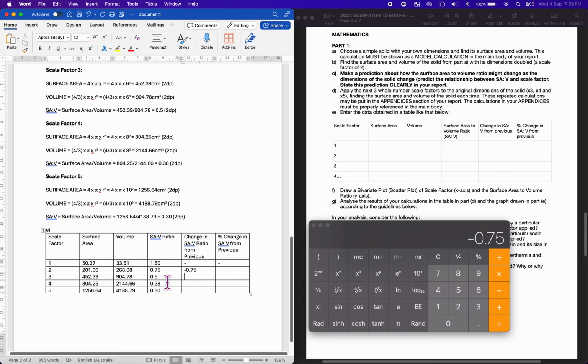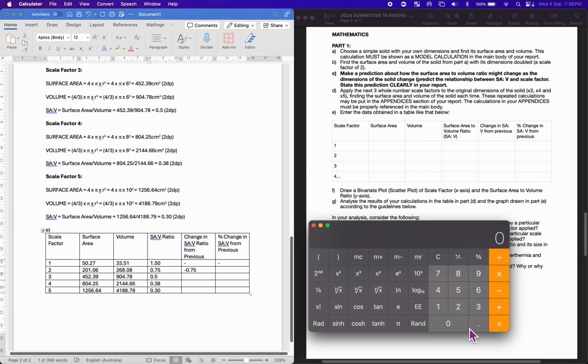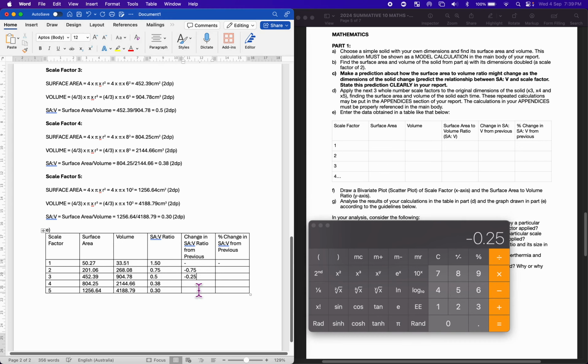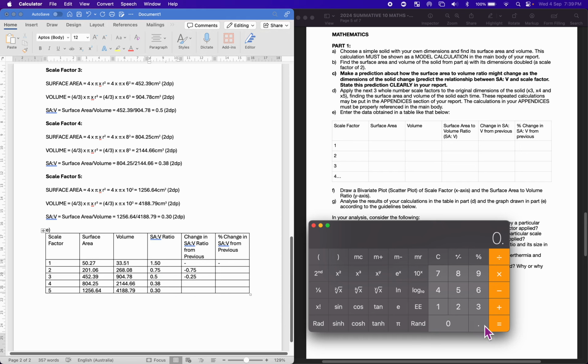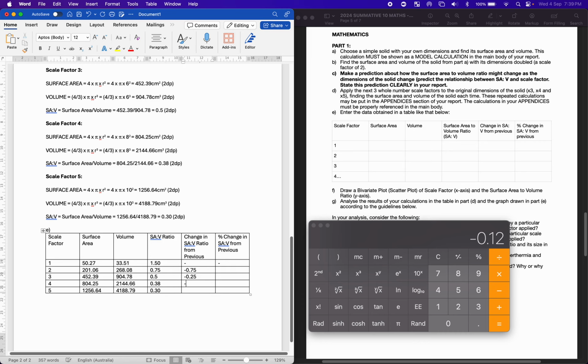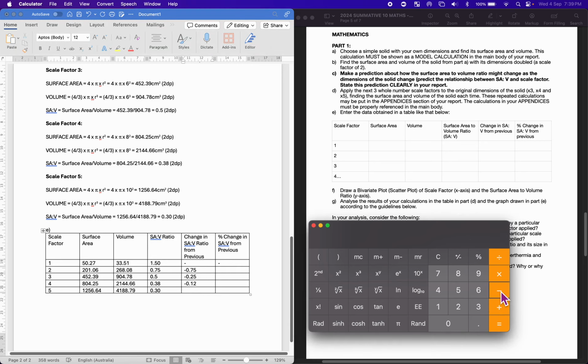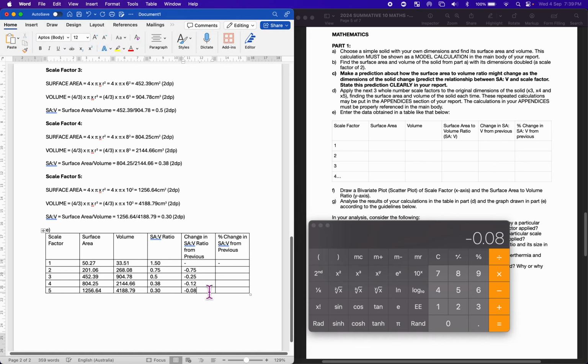Now for this one, I go 0.5 minus 0.75 because that was the previous SAV ratio. 0.5 minus 0.75, negative 0.25. Next one, 0.38 take away 0.5. Negative 0.12, and then the last one is going to be 0.3 take 0.38. Negative 0.08. This last column is a little tricky because you need to find percentages.